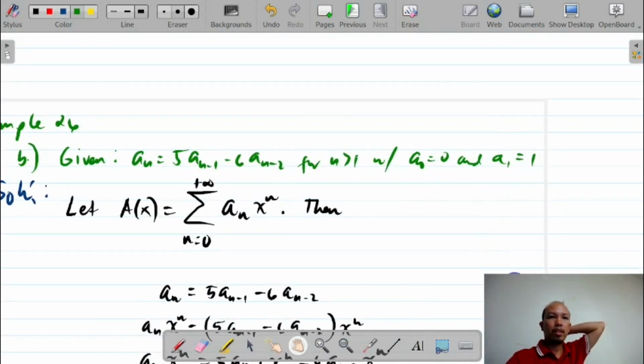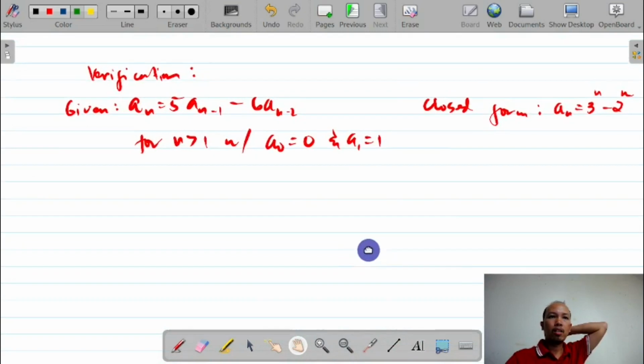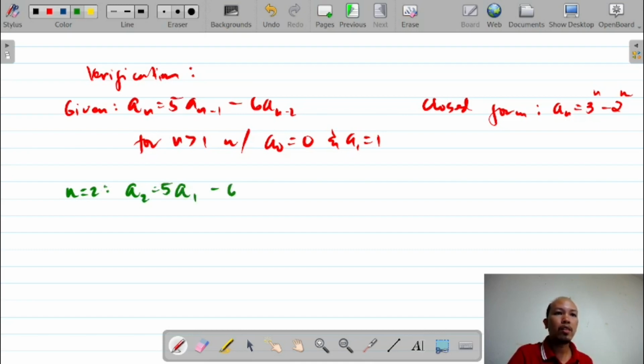So let's try with n equal to 2. So a sub 2 is equal to 5 a sub 1 minus 6 a sub 0. So this is 5 times a sub 1, which is 1, minus 6 times a sub 0, which is 0.